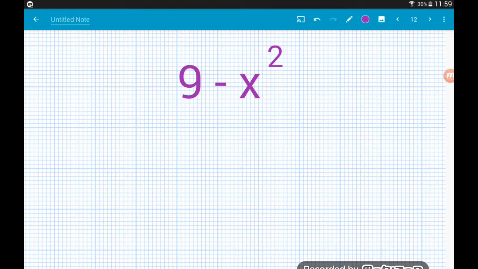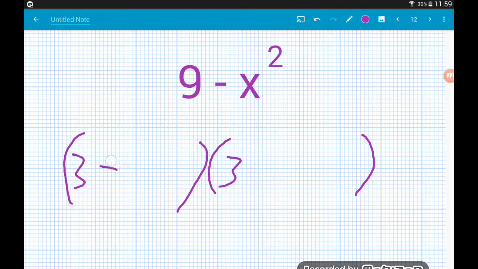9 minus x squared, so slightly different here. The x squared term is the one being subtracted. So the first term in each of our brackets is going to be the square root of 9, which is 3. Then put in our plus and minus, as always, and the square root of x squared will just give us x. So 9 minus x squared factorises to 3 plus x times 3 minus x.